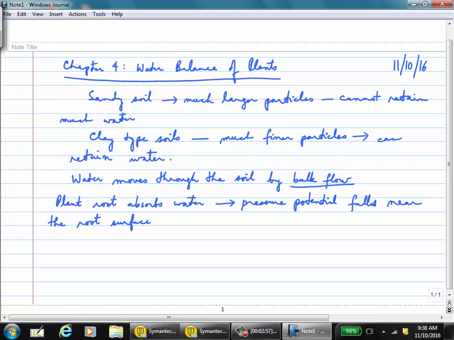Which means that water from elsewhere will come in, because water is going to go from the higher potential to the lower potential.